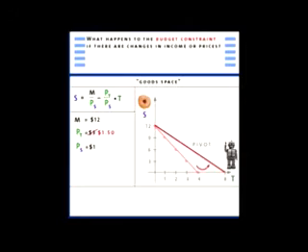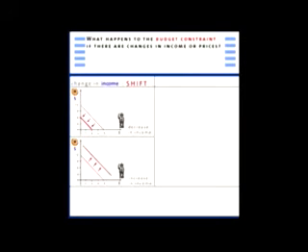If your income changes, then the budget constraint shifts outward for an increase in income and inward for a decrease in income. But the slope remains the same. As long as prices don't change, the slope remains the same. If we change the price, on the other hand, of one of the products, say toys, then we have to pivot the budget constraint.